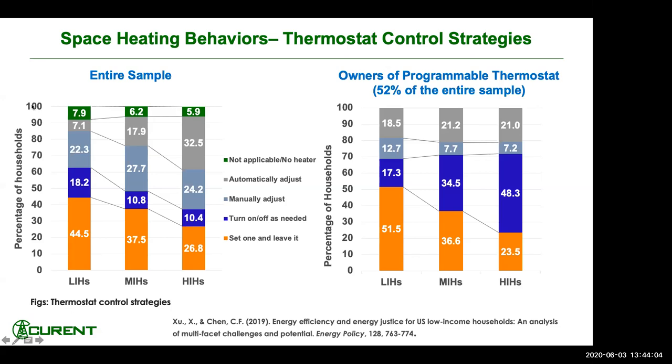So we look at the traditional thermostat control, and then also the programmable one. The programmable one should be better because you just program it. However, we found low income people still set one temperature and leave it there all the time, versus higher income people, who know how to set different temperatures throughout the day.